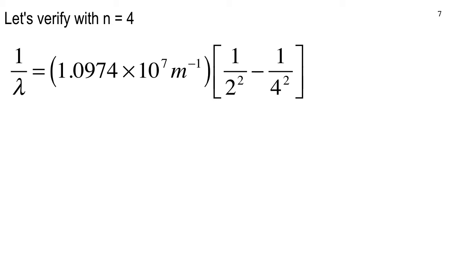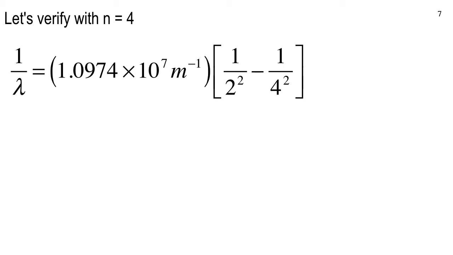What is that? Well, like many of the constants of nature, it's weird. Inverse meters. Well, if you look at this formula carefully, you'll see that in the square brackets, there are no units.